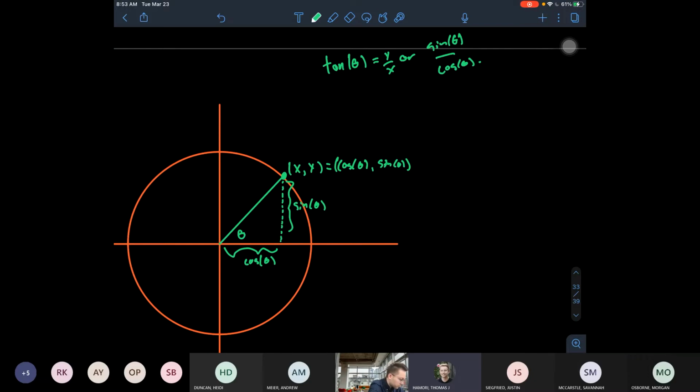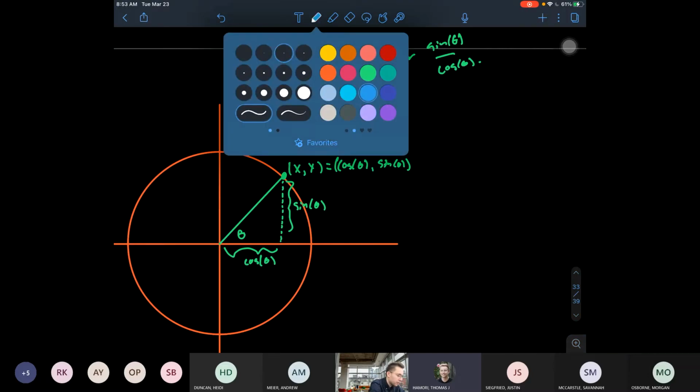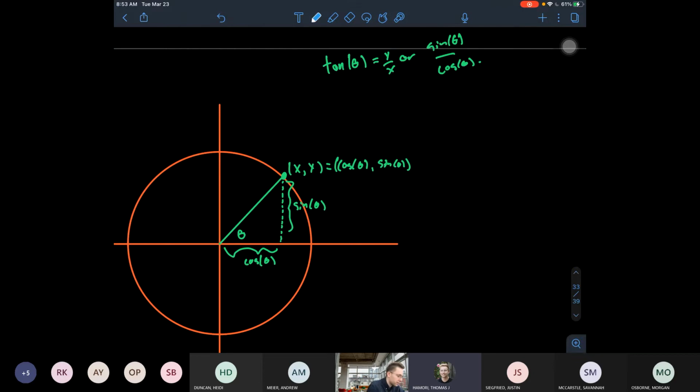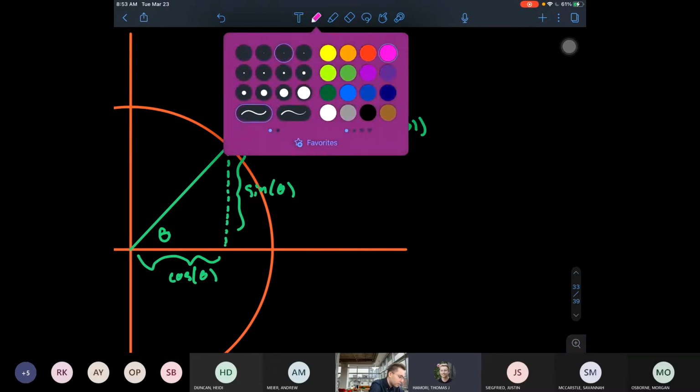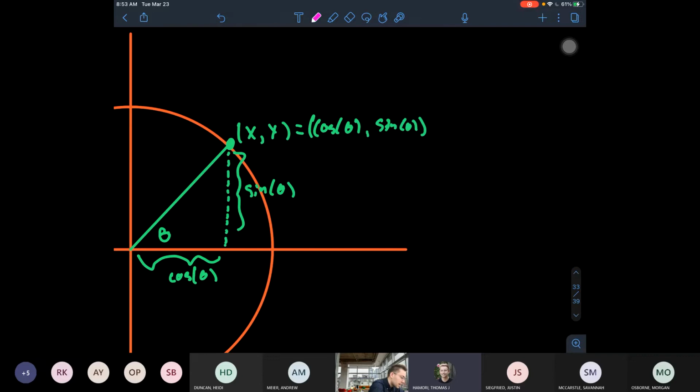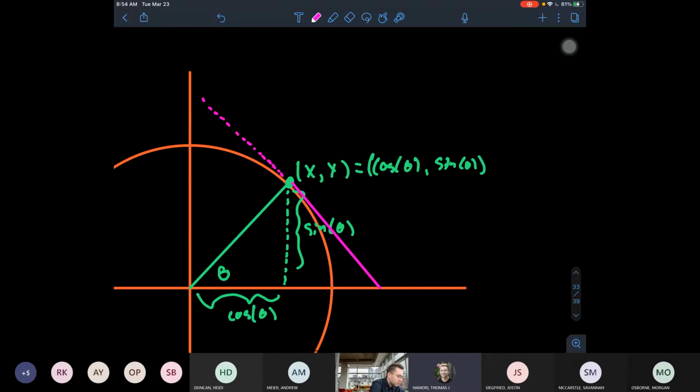But I want everyone to briefly recall that we also had a geometric interpretation of the tangent of this angle. It was the length of the tangent line, which comes in at an angle and just barely touches our circle at this one point, and then goes on and on until it touches the x-axis.